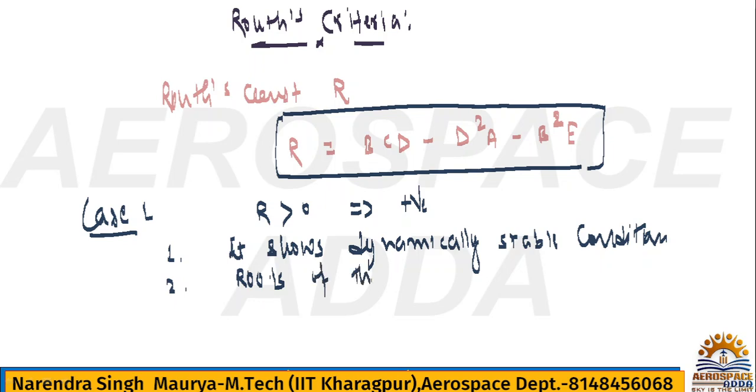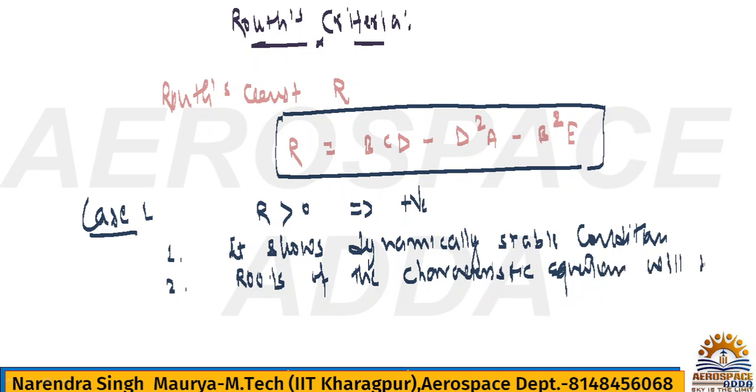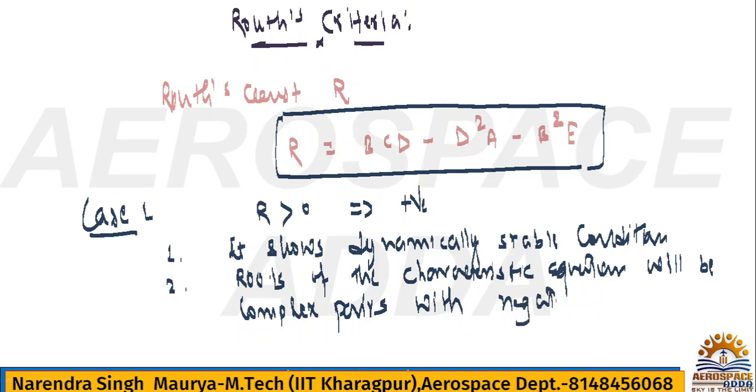Roots of the characteristic equation will be complex pairs with negative real parts.